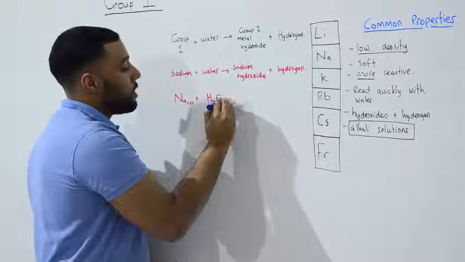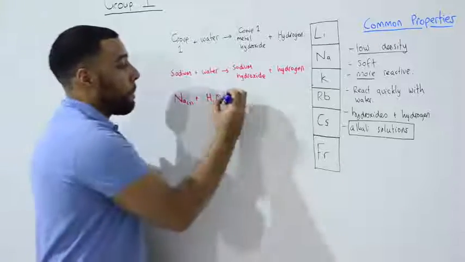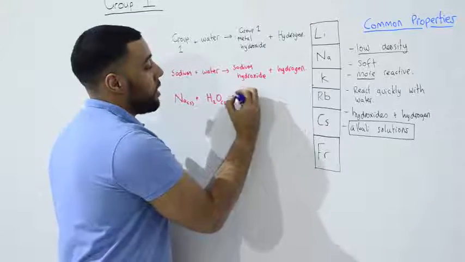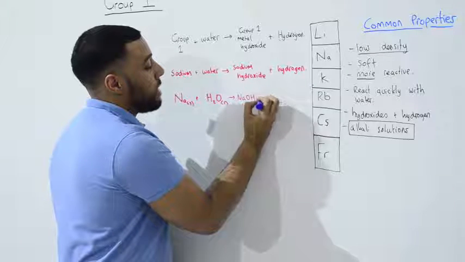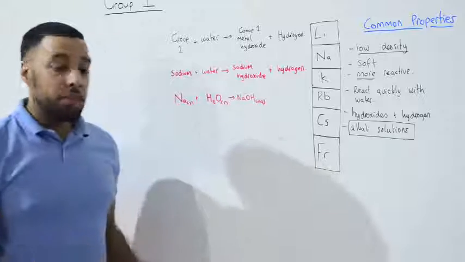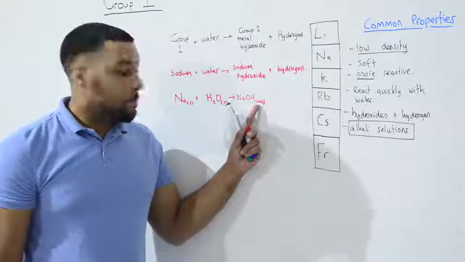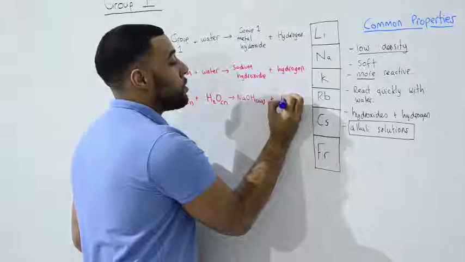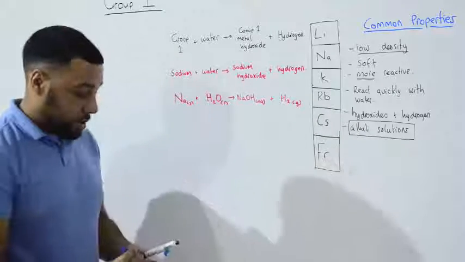Our water is a liquid, so we give it the state symbol l, and this will produce our sodium hydroxide, and we've said in previous videos that this is soluble, so we give it the state symbol aq, and we're also going to produce some hydrogen as a gas.